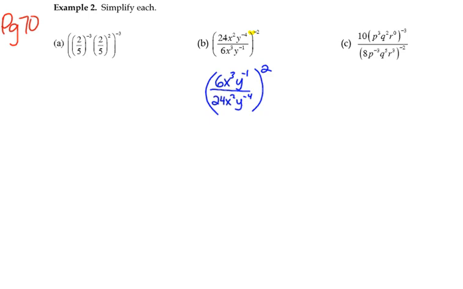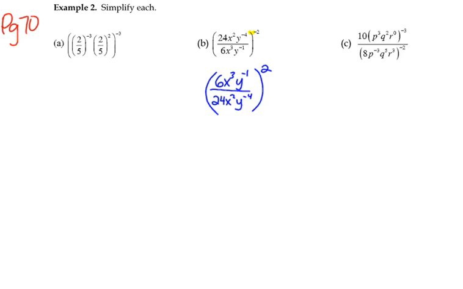So the negatives on the inside still are negative because we didn't take care of that negative. We only took care of the outside negative. Okay? So when we flip it, everything stays the same as it was before.